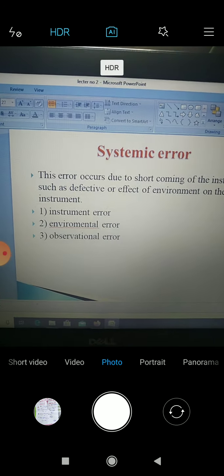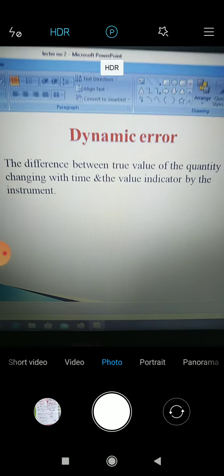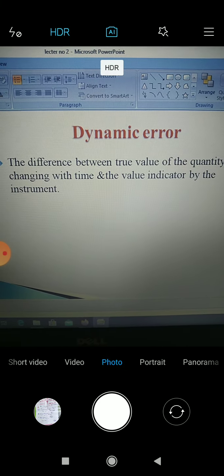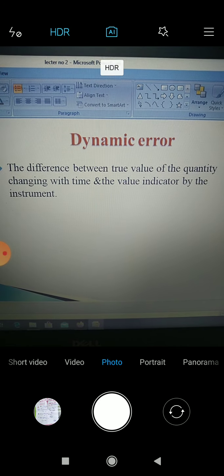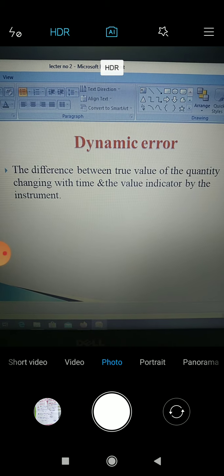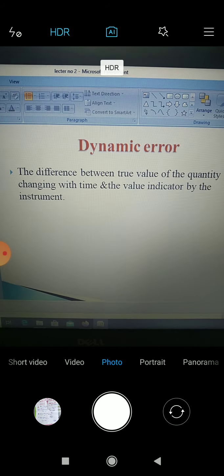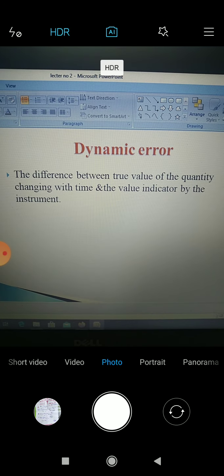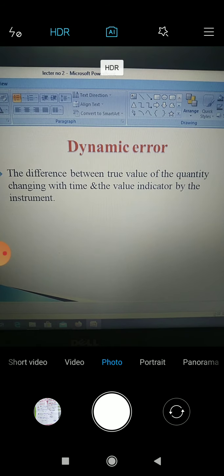Next we'll move on to the dynamic error. What is the dynamic error? It is the difference between the true value of a quantity changing with time and the value indicated by the instrument. Already we have seen dynamic characteristics in the last lecture. In that, dynamic is the very important word: changing with respect to time.